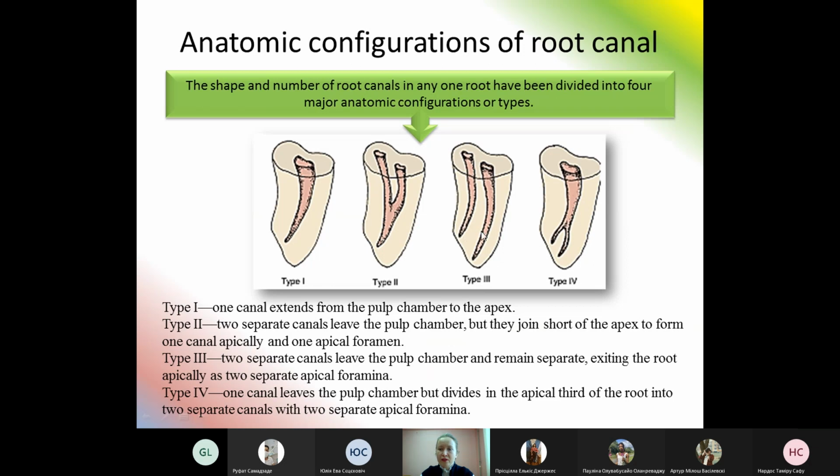Type 3: two separate root canals with two separate openings. Type 4: one canal that divides apically into two root canals and has 2 openings as a result. So these are the 4 possible types of root canal configuration in one root.